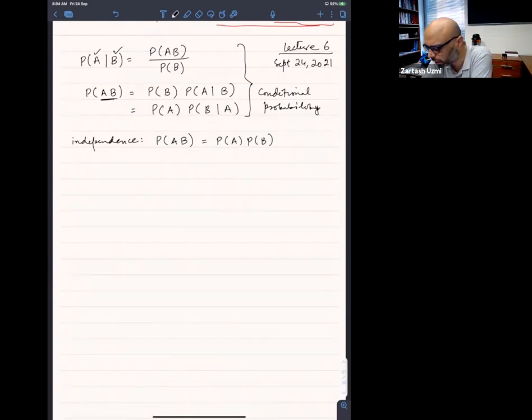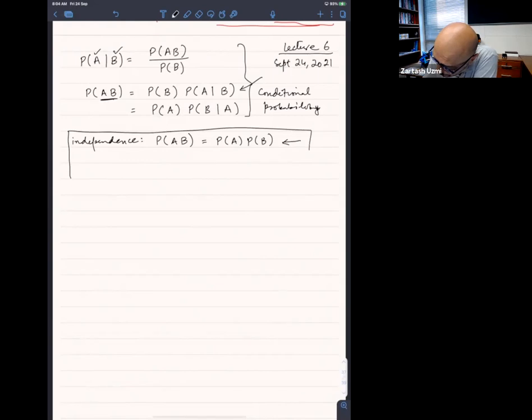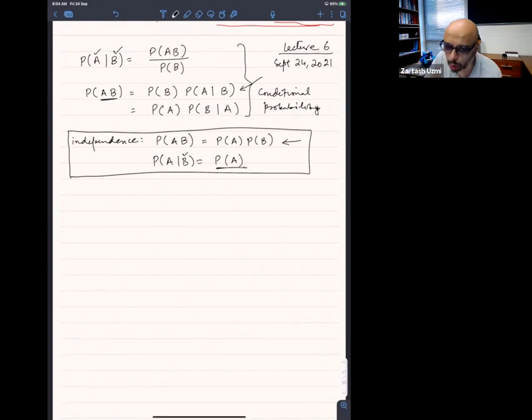So if I compare this expression with the one here, that tells me that under independence, the probability of A given B is the same as the probability of A. So whether B is given or not given, if the probability of A does not change even if B is given, that means A is independent of B. When A is independent of B, then B is also independent of A. We did a couple of examples last time. We'll do one more example.